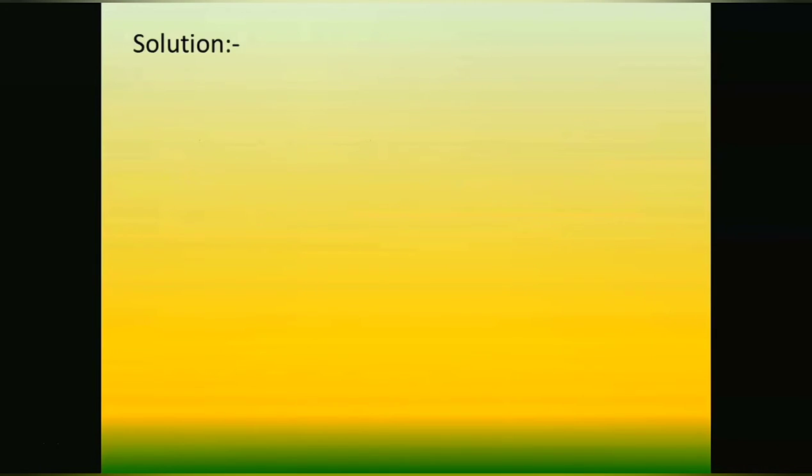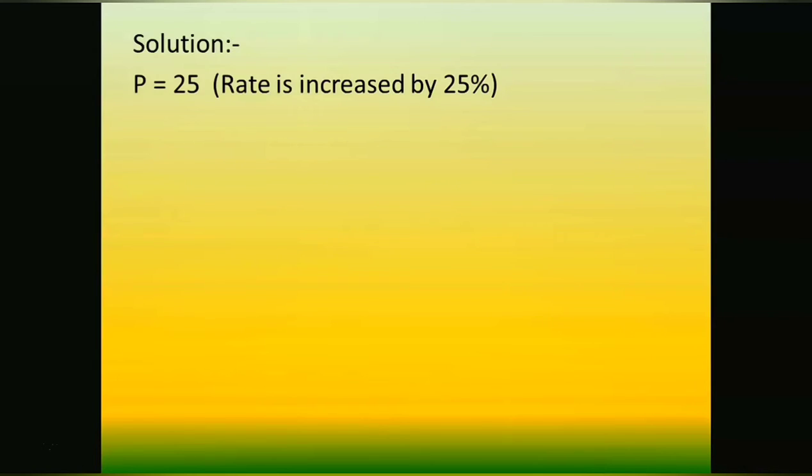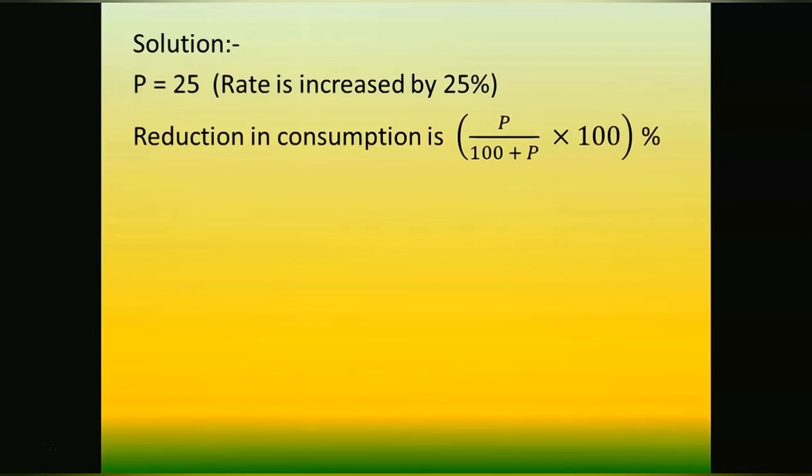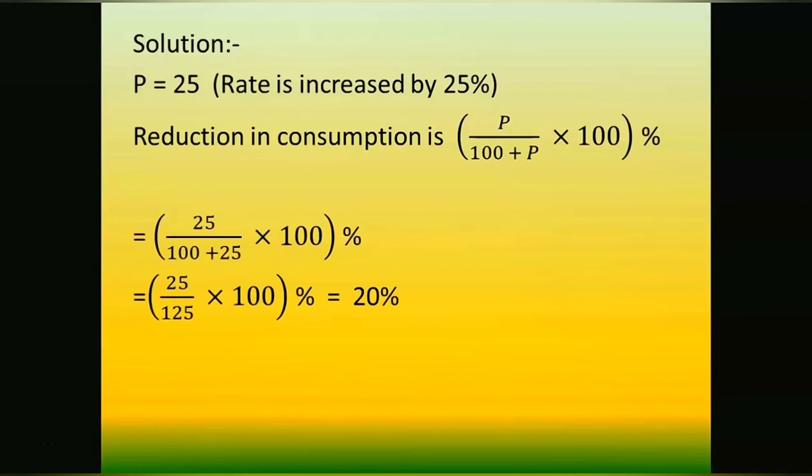So in this problem, P is equal to 25 and the rate is increased by 25%. So the reduction in consumption will be given by P divided by 100 plus P into 100, this much percentage.